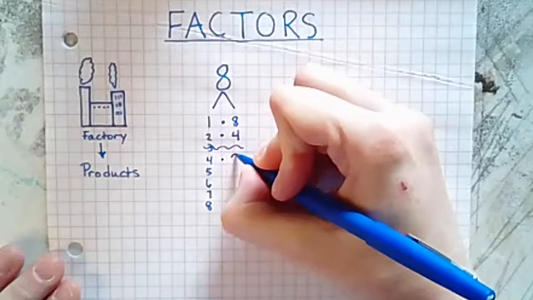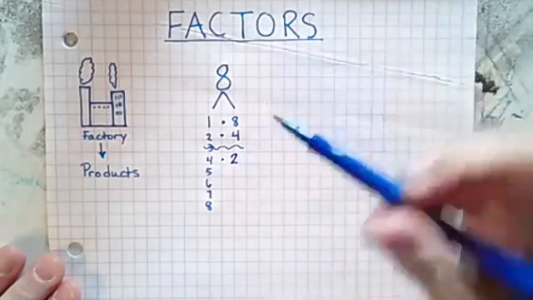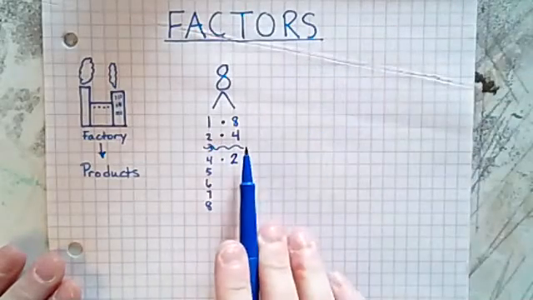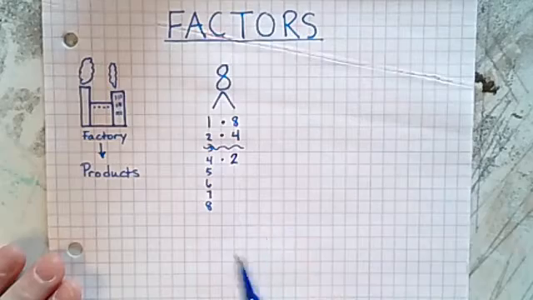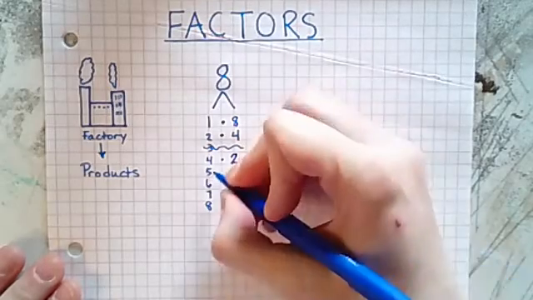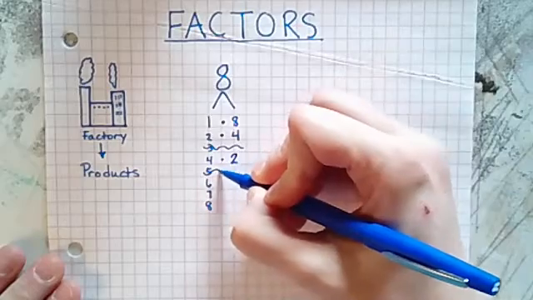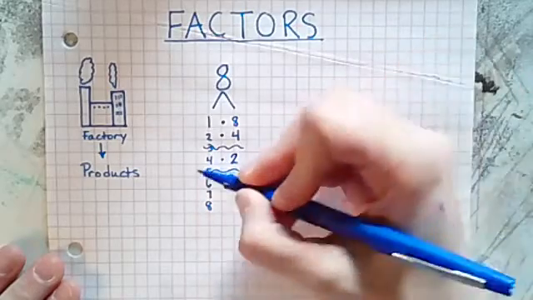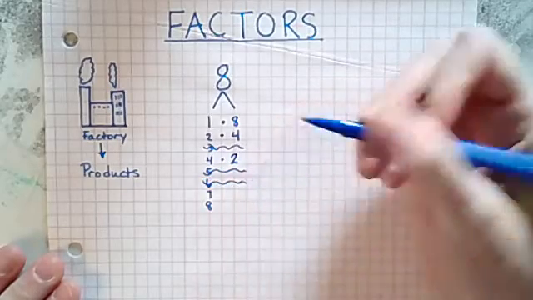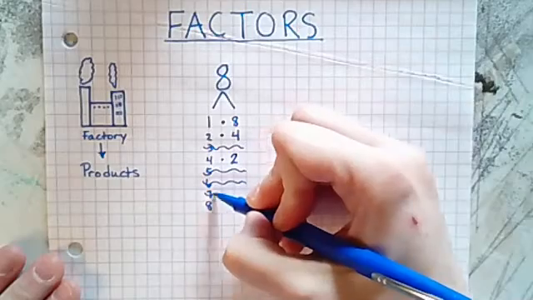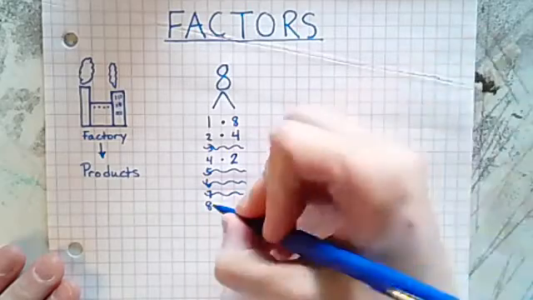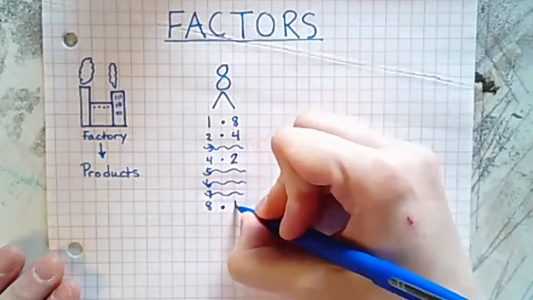And because of the commutative property, 2 times 4 is the exact same thing as 4 times 2. We also see that in addition. Can I multiply anything to 5 to get 8? No. How about 6? No. 7? No. What about 8? Yeah, I can multiply it by 1.